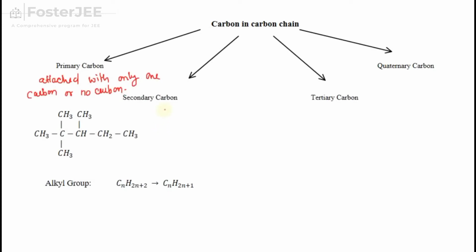And secondary carbon is when carbon is attached with 2 other carbons. Tertiary carbon is when carbon is attached with 3 other carbon atoms.